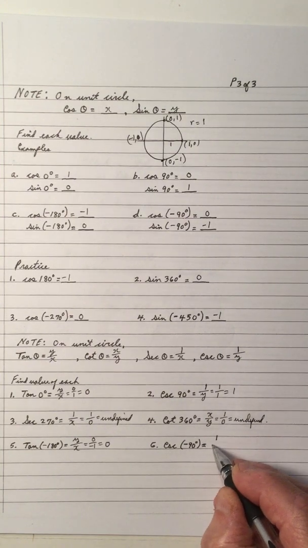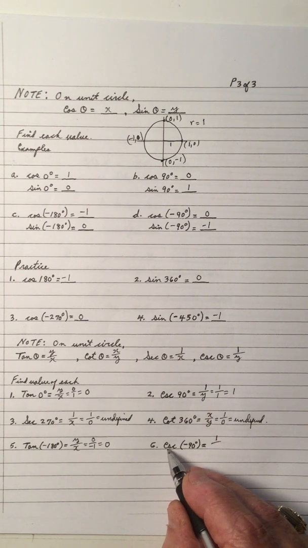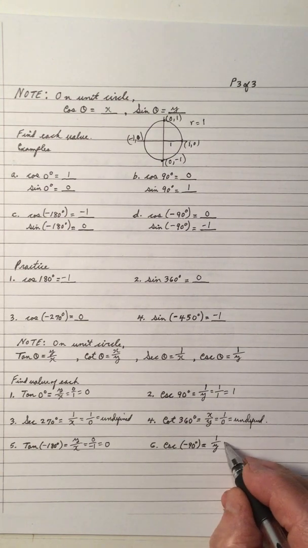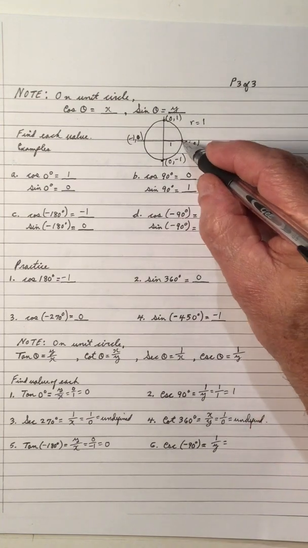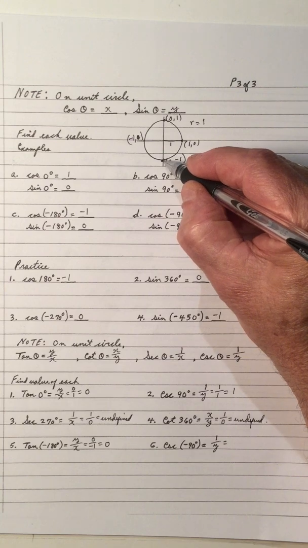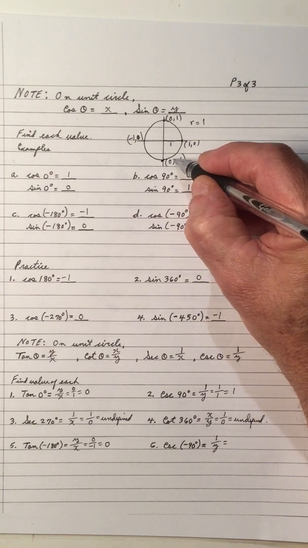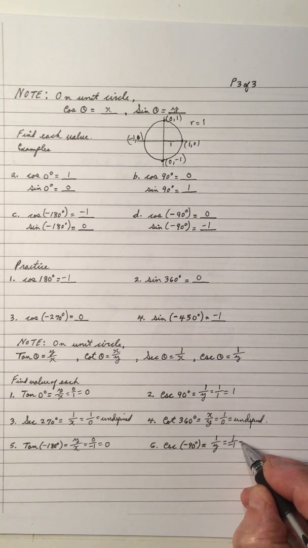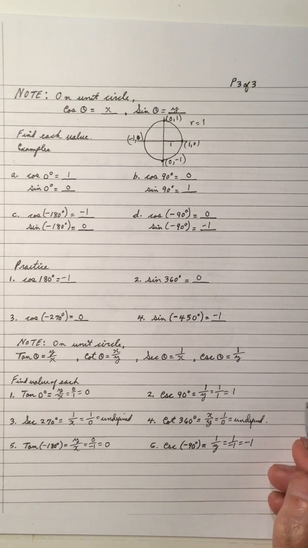Cosecant is the reciprocal of sine, which is 1 over y. Negative 90 is right here. So it's 1 over y. The y is negative 1. So it's 1 over negative 1, which is negative 1.